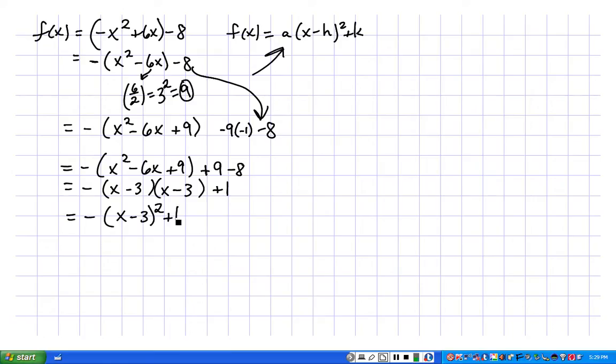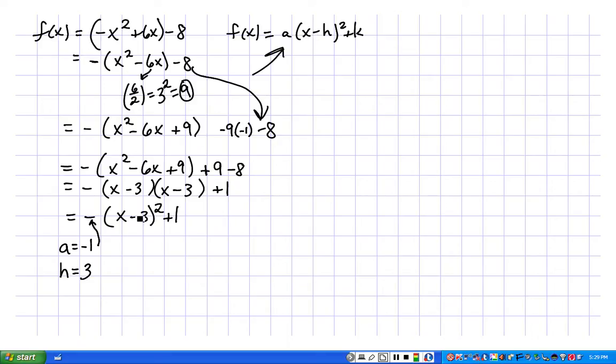There you go. So in this event, now my a is a negative 1. This is my a, whatever's pulled out. In the last problem, a was a 2. My h is a 3, because remember the formula is x minus h.